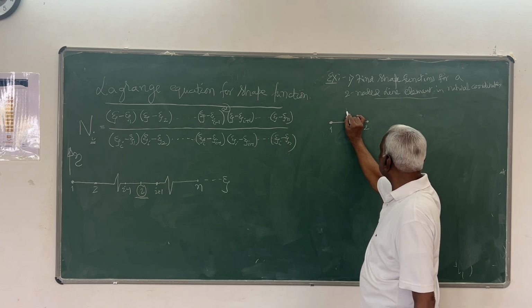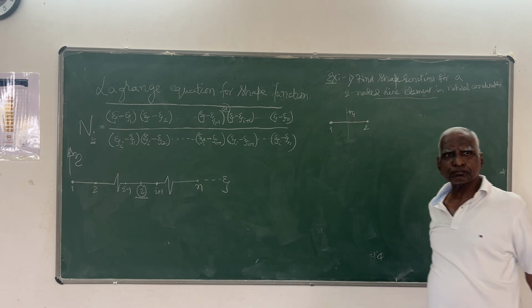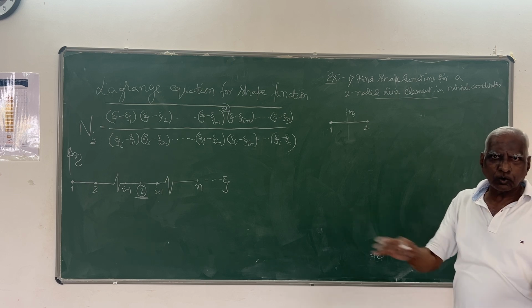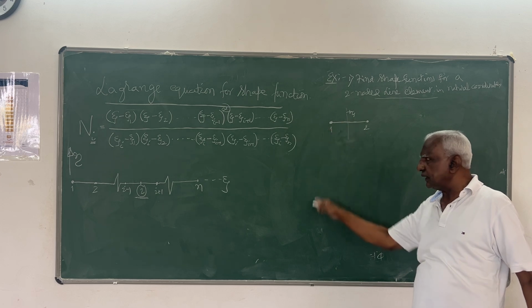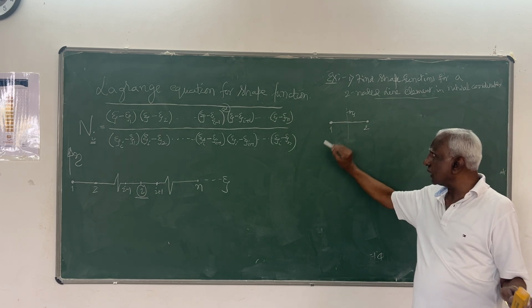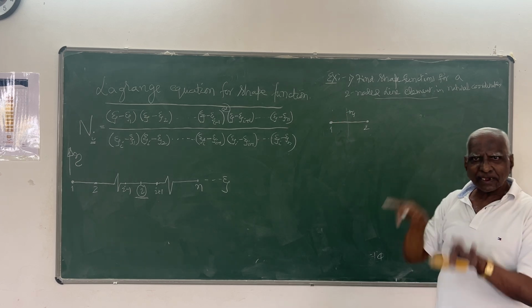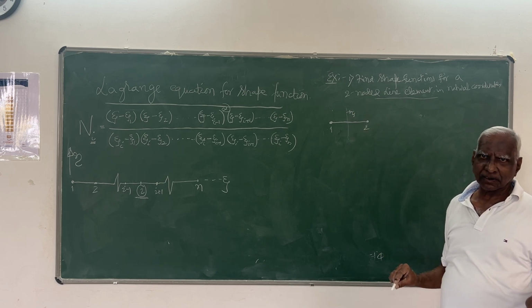So the natural coordinate origin will be at the center. That you know, already I explained natural coordinate, local coordinate and global coordinate. Global coordinate is at any point in the region. In local coordinate, it will be only one node. In natural coordinate system, origin will be at the center.